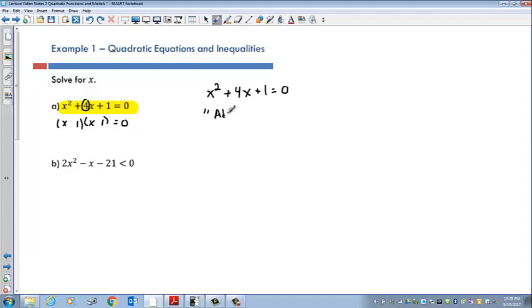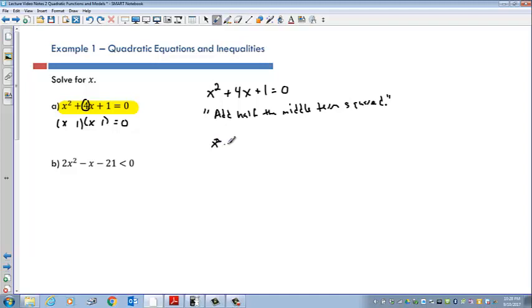We add half the middle term squared. Alright, so what's the middle term in this case? If we go back and look, you'll see the middle term is 4. And so we're going to take half of 4 and square it.